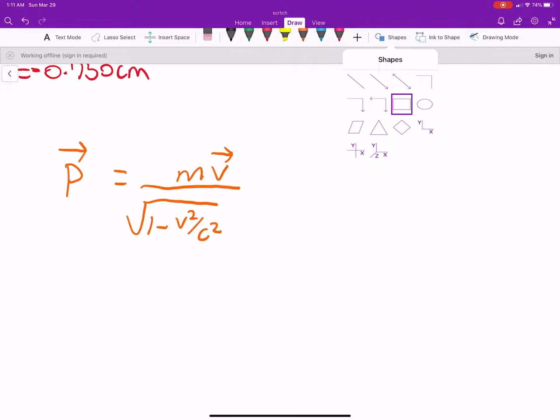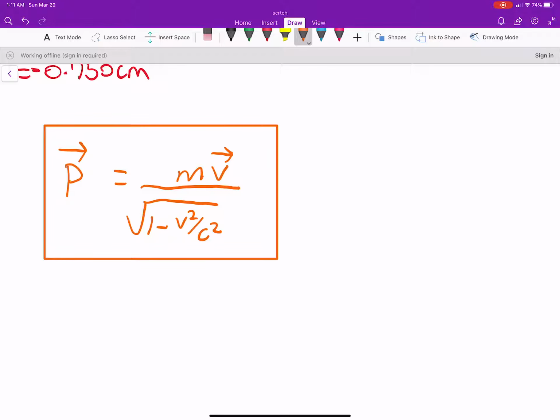I'm going to box this. That is relativistic momentum. And of course, you could break this up and say momentum in the x, momentum in the y. I'm going to keep them off for now, but you can break this up into its components just like we're used to.